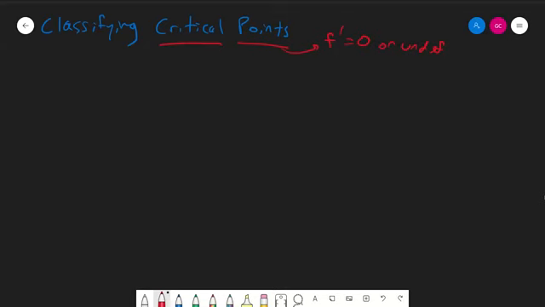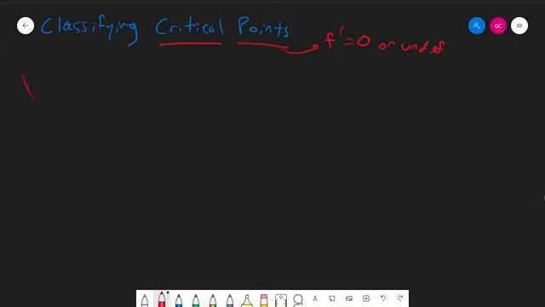And let me point out a common misconception people have in thinking about how to classify critical points. You think, well, why not just plug those values into f and see what's big and what's small? Doesn't that tell you what the local maxes and mins are? But in fact, it doesn't necessarily.